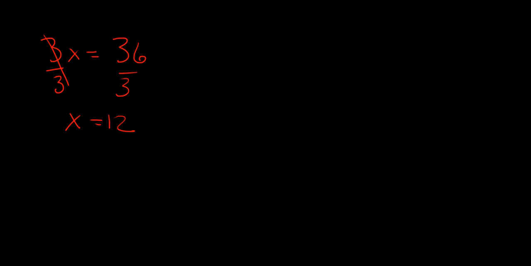Let's say that I have 6x equals 48. Let me go ahead and switch to colors. So I'm going to divide by 6 and divide by 6. So x is going to be equal to, 6 times what is 48? So I'm going to go ahead and think, of course, 6 times 8 is going to be 48. So x is going to be equal to 8.